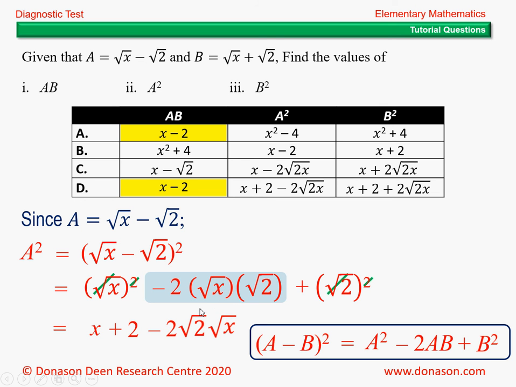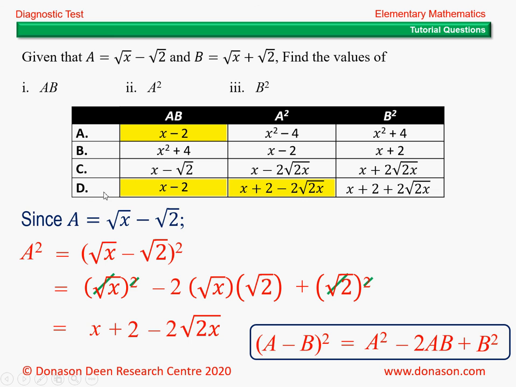And of course, if you wish, you could actually simplify this by putting the root 2 and root x together. So you just look at this term, root 2 times root x. Since the square root sign belongs to each of them and it is a multiplication, we can combine it together and write it as square root of 2x. So that leaves option D as the correct option. You can say x plus 2 minus 2 times root of 2x.